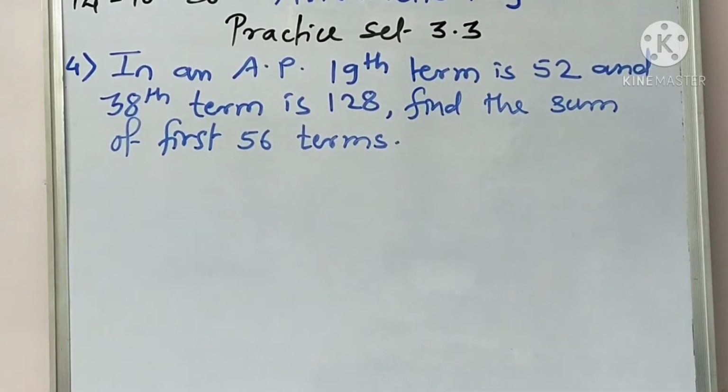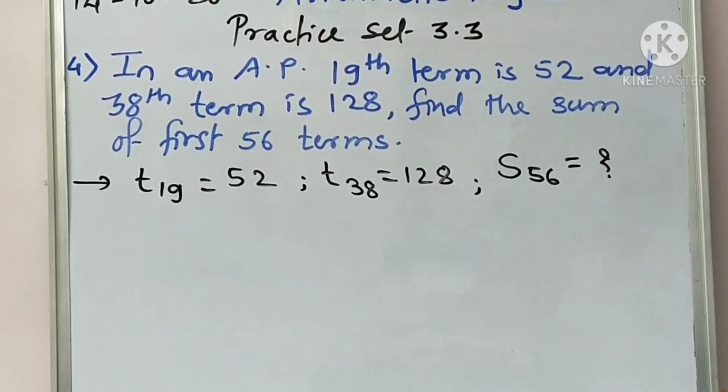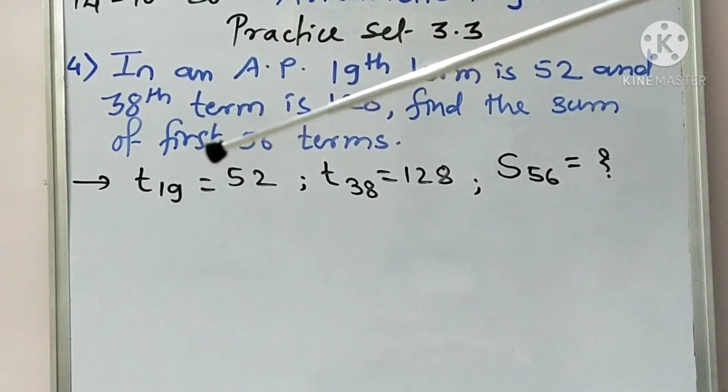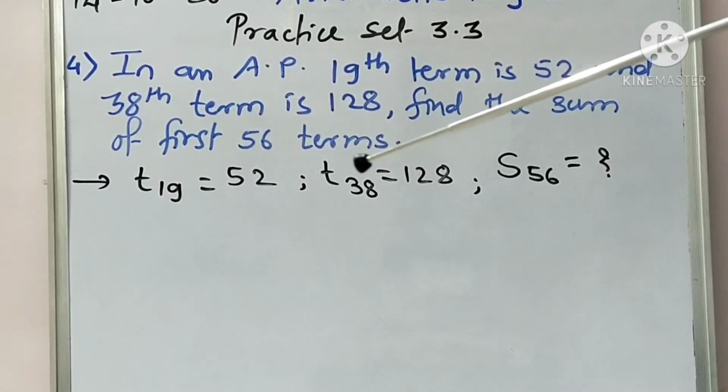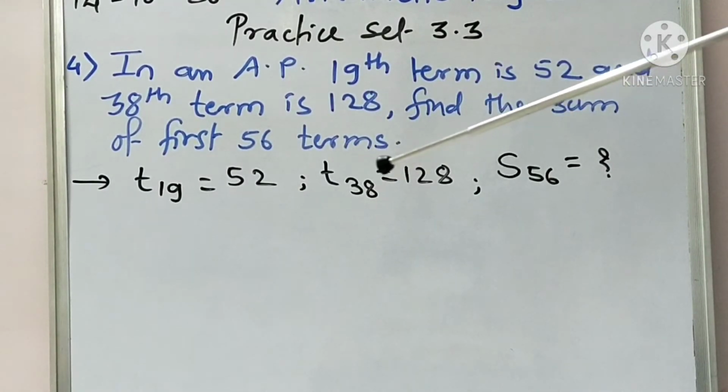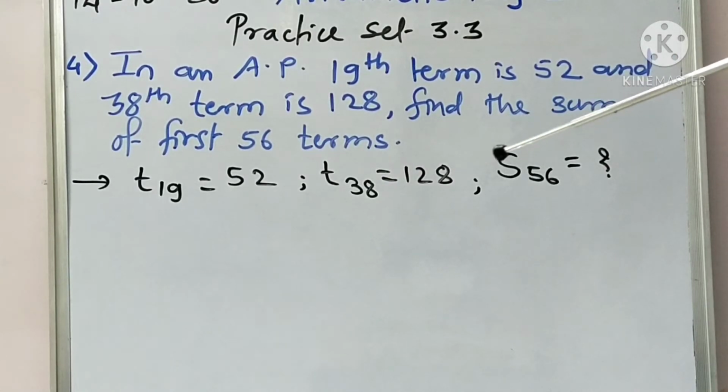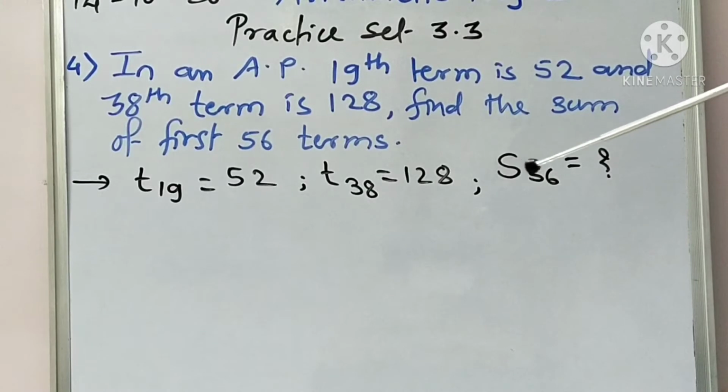So pay attention here, students. T19 is given as 52, T38 is given as 128, and we have to find the sum of 56 terms, means S56.